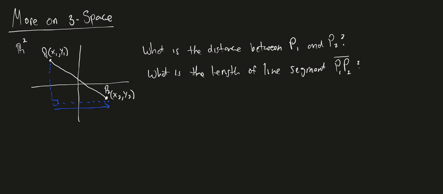So for this distance here, I'm just going to take my larger x and subtract the smaller x, right? That way I don't have to worry about absolute values. Not that absolute values could not be used, but I think just taking the larger x and subtracting the smaller x will ensure that we're always going to have a positive length here.